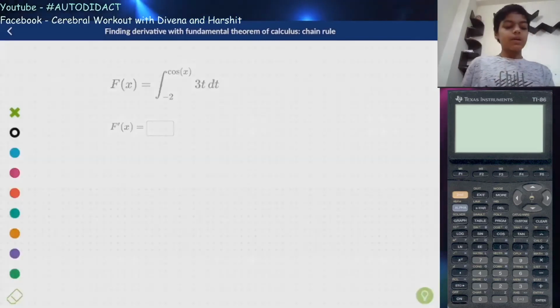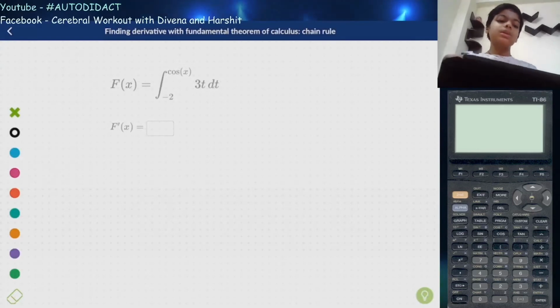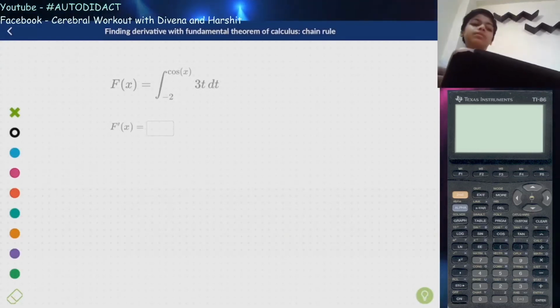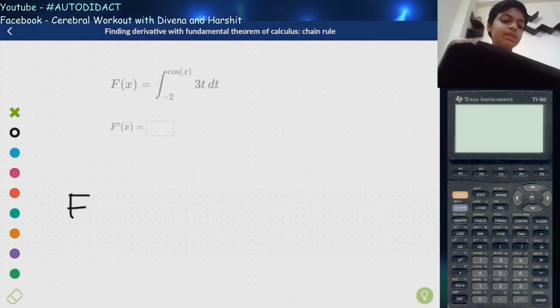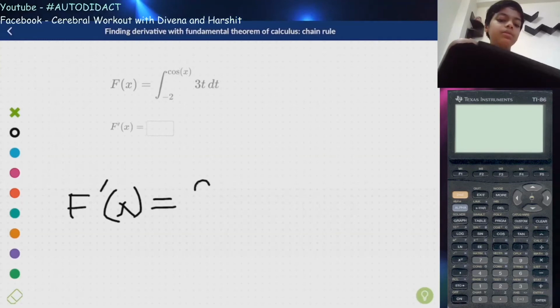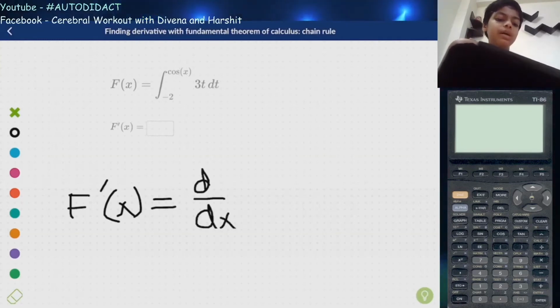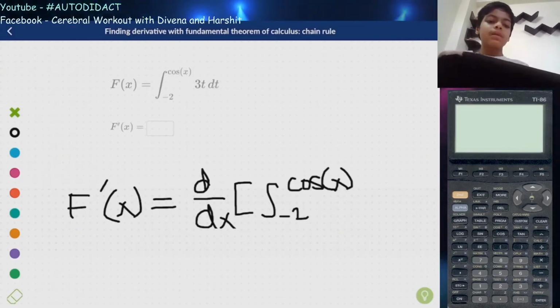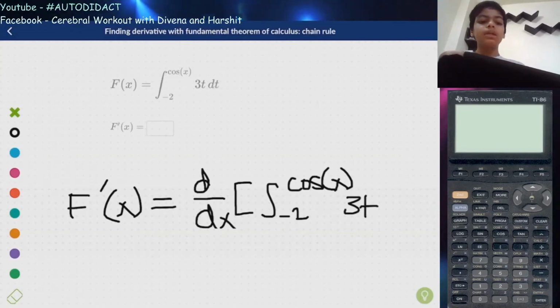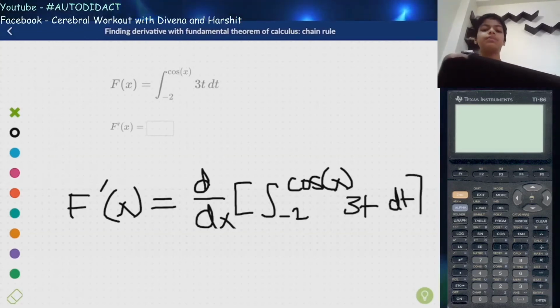Next, we have to find F prime of x again. When we take the derivative of both sides, the left hand side is F prime of x. The right side is the derivative with respect to x of the integral from negative to cosine of x of 3t dt.